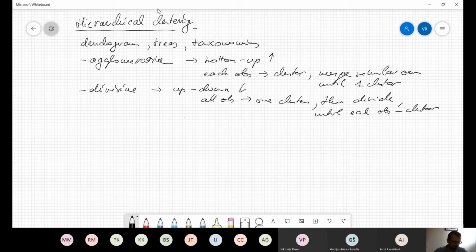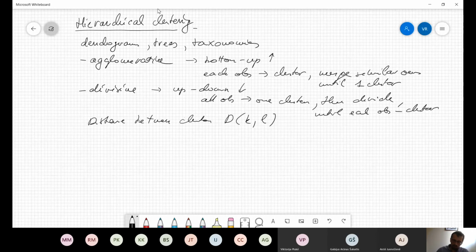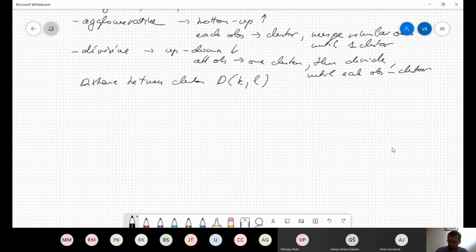Until we reach that. So basically, for the clustering, we need to measure the distance between clusters. Distance between clusters is calculated by D for clusters k and l, right? And there are three approaches most commonly used for the distance between cluster calculations.